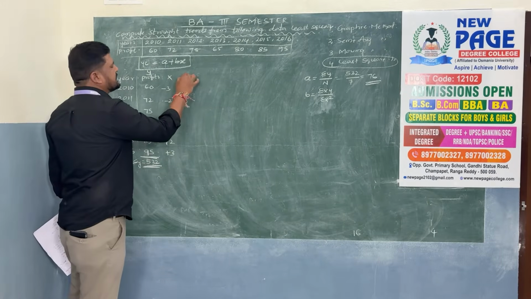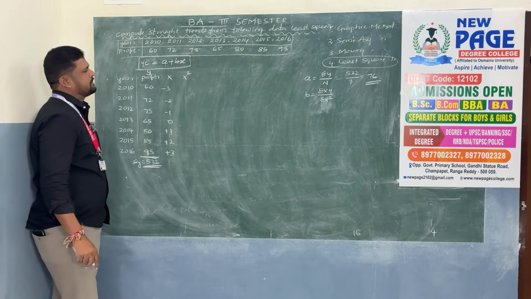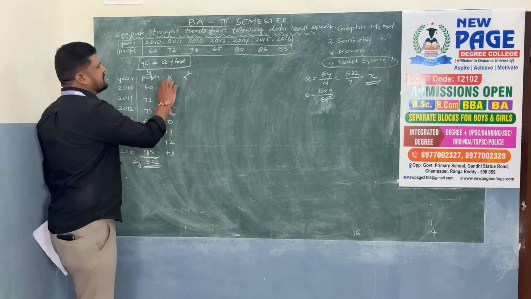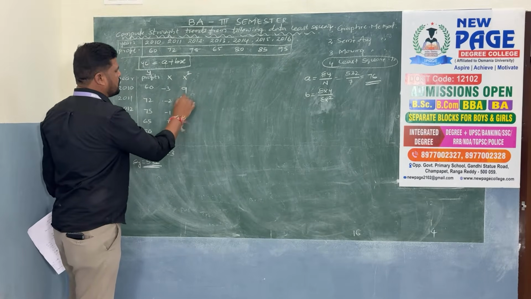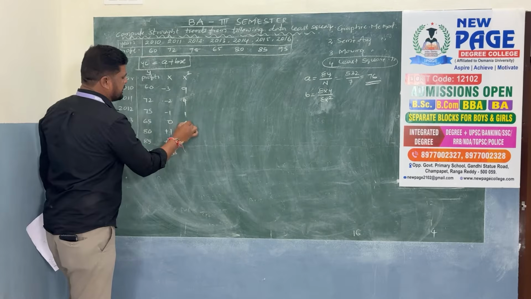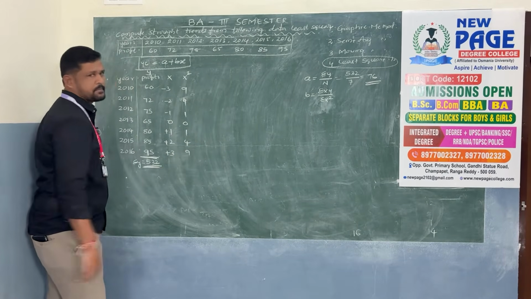Next, convert x to x square. x into x square: 3 into 3 is 9, 2 into 2 is 4, 1, 0, 1, 4 and 9.